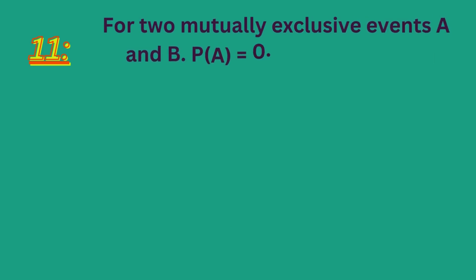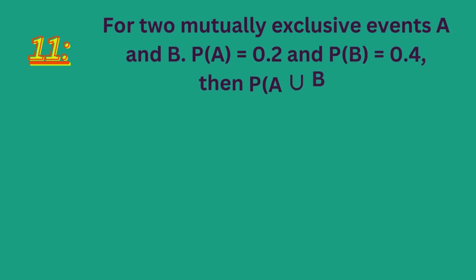For two mutually exclusive events A and B, probability of A equals 0.2 and probability of B equals 0.4, then probability of A union B is 0.8, 0.2, 0.6, 0.5.